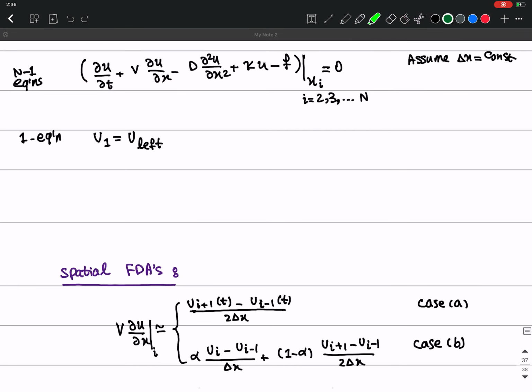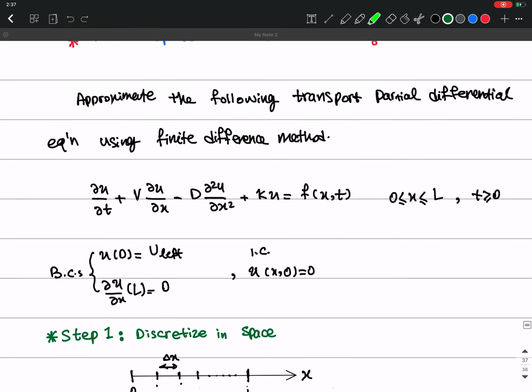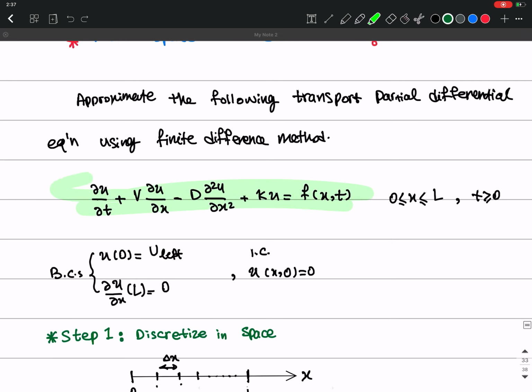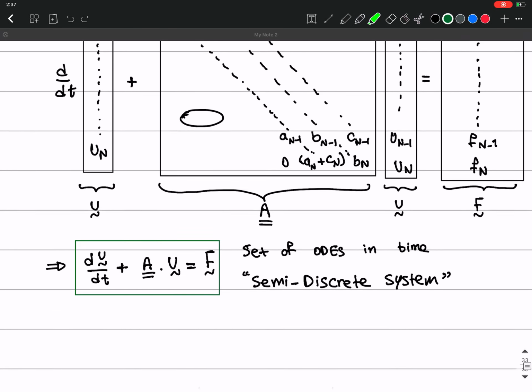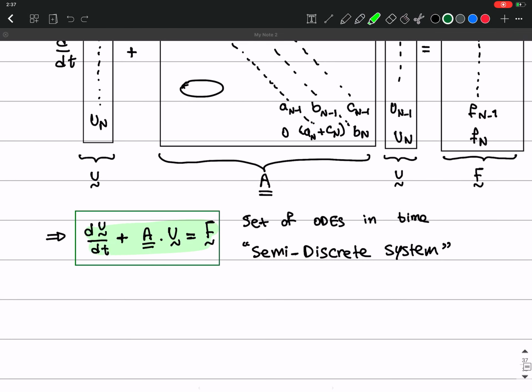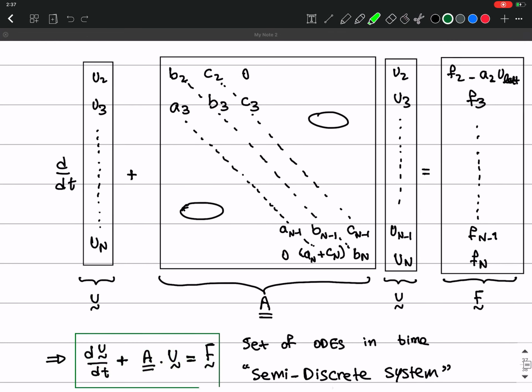So if you look at the original equation that we had, just for you to remember, was this. And we converted that equation to this semi-discrete system, which is shown here, where A is this matrix here. We define that, all the coefficients.